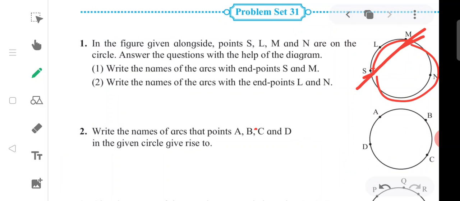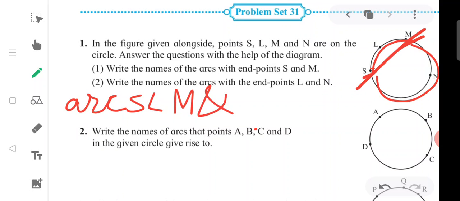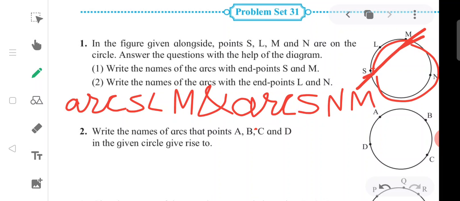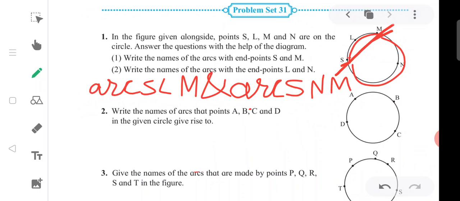So write here in the answer: arc SLM, arc SNM. Here we have two arcs, arc SLM and arc SNM. In this way we write the answer of the second one.